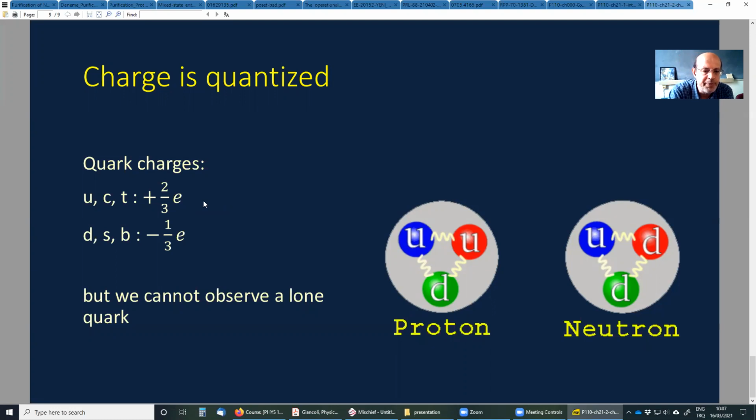So a lot of people still believe that the charge of the proton or the charge of the electron, this e, is the fundamental unit of charge, and there's no smaller fundamental unit. So that's two important properties of the charge.